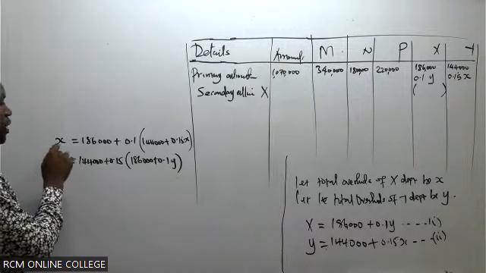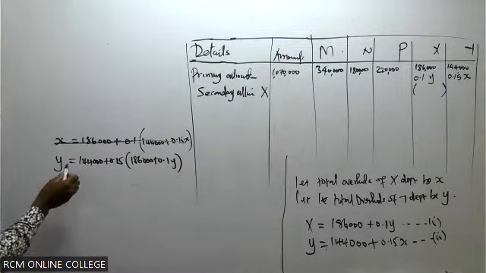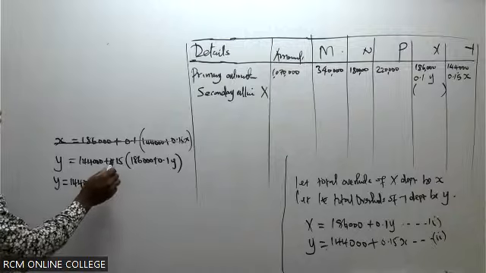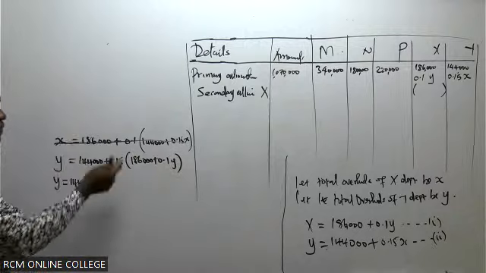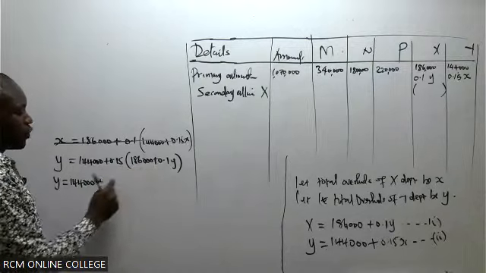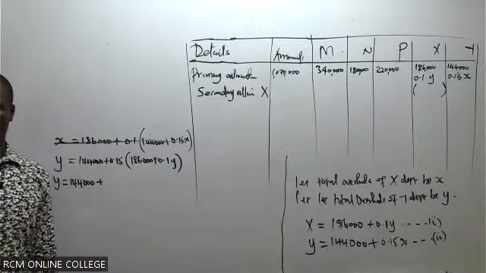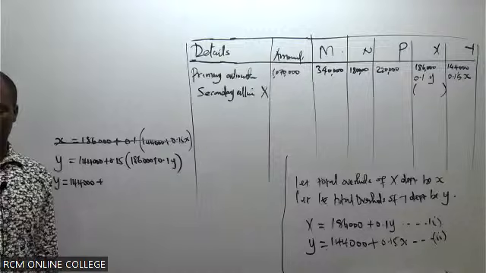So let's say we want to pick this one here. I have Y is equal to 144,000 plus 0.15. We have to place this in brackets. So take 0.15 by 186,000. What will you have? 0.15 by 186,000 is 27,900.